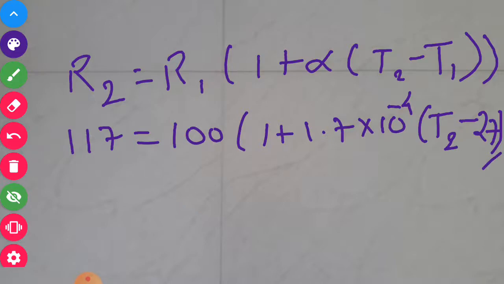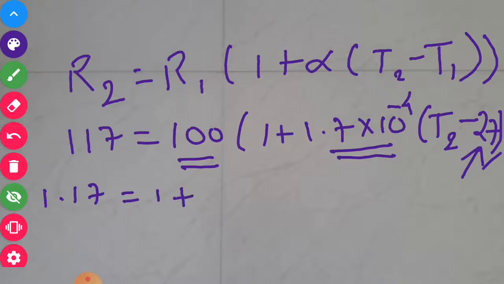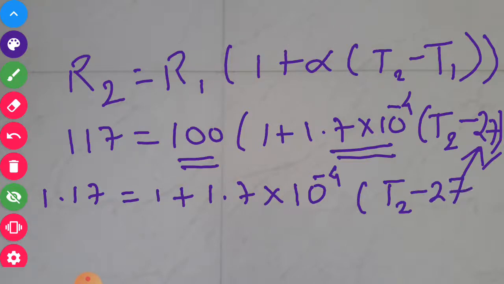The temperature is kept in Celsius only because temperature coefficient is in Celsius inverse. Now easily you can simplify this. 100 can be taken in the denominator, so 1.17 is equal to 1 plus 1.7 into 10 to the power minus 4 into T2 minus 27.